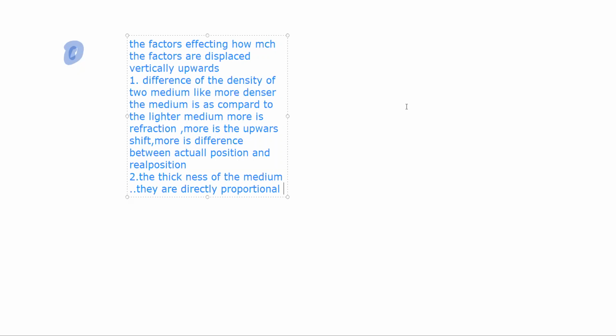So suppose you got 7 colors beside the glass block, you will notice that the violet color is maximum upward shifted because the violet has the shortest wavelength and maximum refractive index, and so the medium provides maximum refraction for that violet color and also maximum upward shift for the letter printed in the violet color, and it provides the least upward shift for the letter printed in the red color.